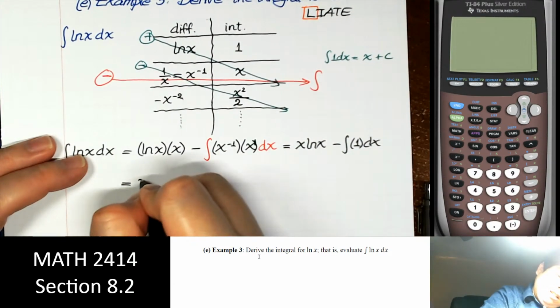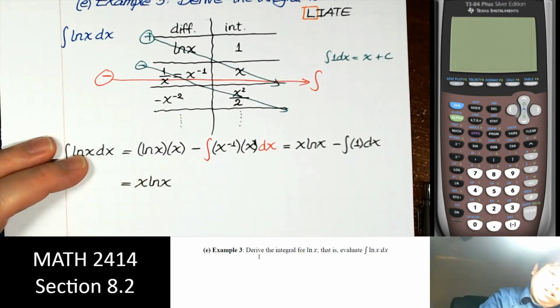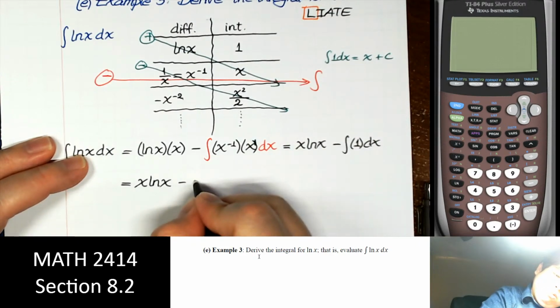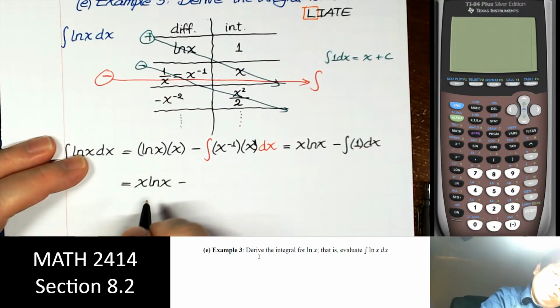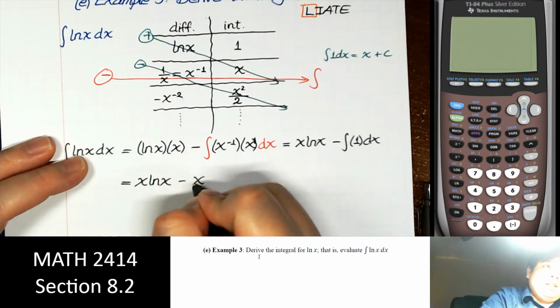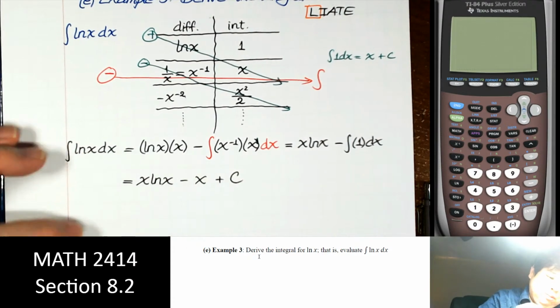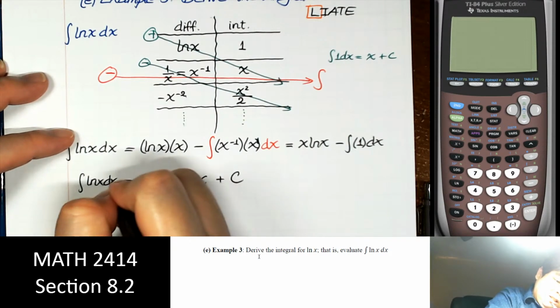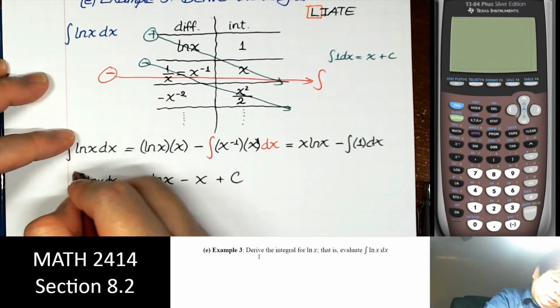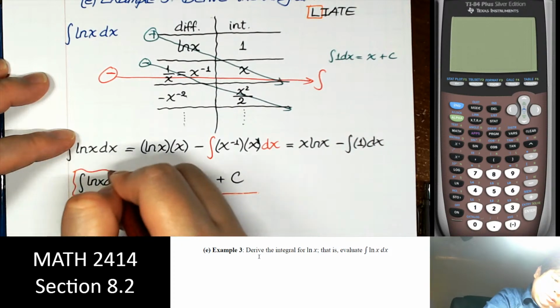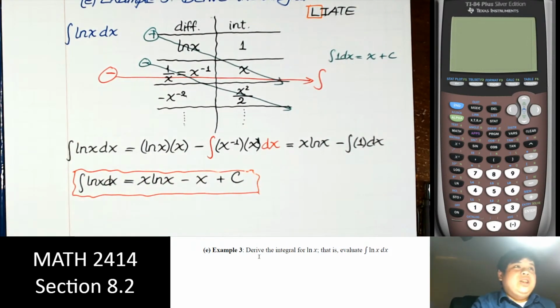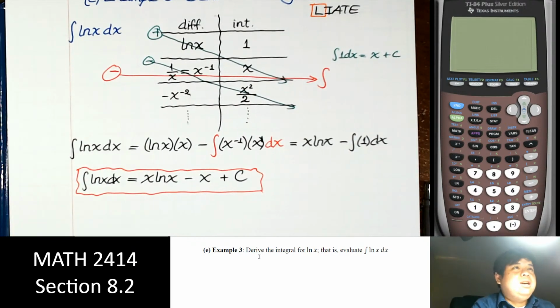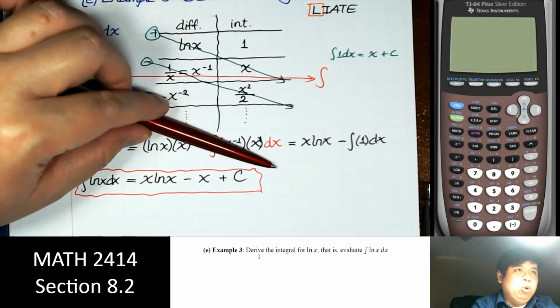So what we have is x ln of x minus the integral of 1, which is x, plus c. So that is the integral of ln of x dx.